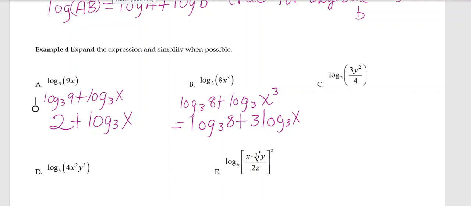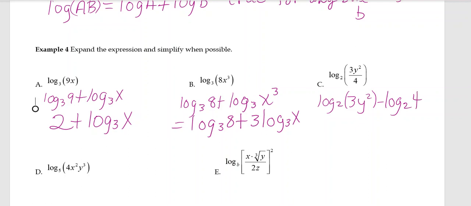We're working with these properties. They'll become second nature to you in no time. All right, this is a quotient, so we know it's going to be a difference of 2 logs. So we got the log base 2 of 3y squared minus the log base 2 of 4.